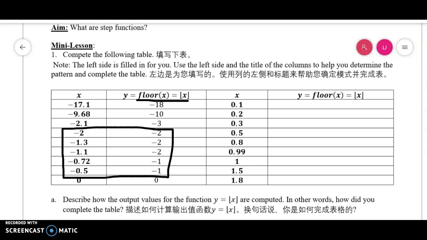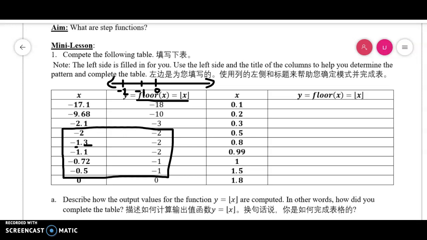So what I mean by that is negative 2 is an integer, and therefore the closest integer that's below it is negative 2. Negative 1.3, not an integer. The next integer that's closest to it, but is below it, is negative 2. Because if we look at a number line, let's say 0 is here, negative 1, negative 2.